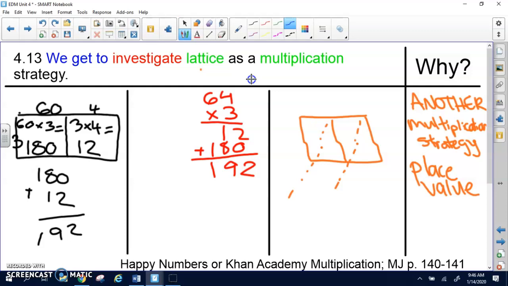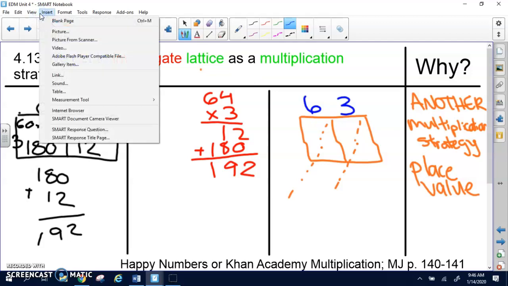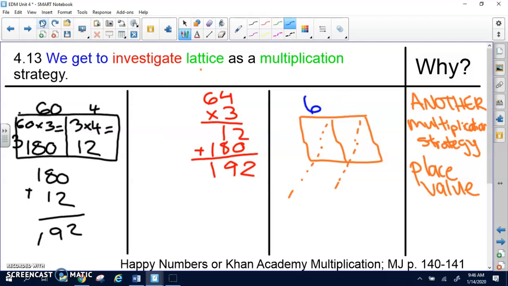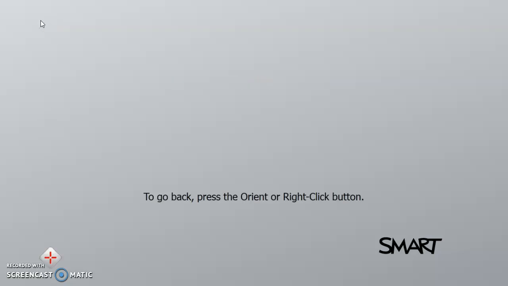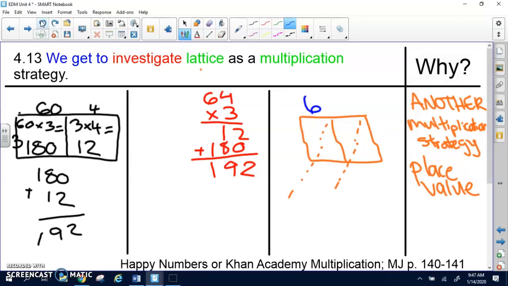So you're going to divide the numbers, 64 and 3, by place value again, except this time you don't have to write 60.